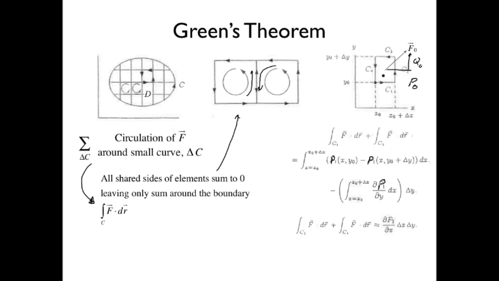So really, when you do this line integral, it's calculating the turning rate of change. Over this little element, we're getting a turning rate of change, because we've got how much P changes with respect to Y and how much Q changes with respect to X. Put all those together, and it's like a curling rate of change.